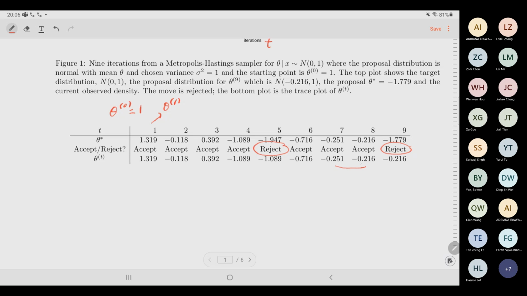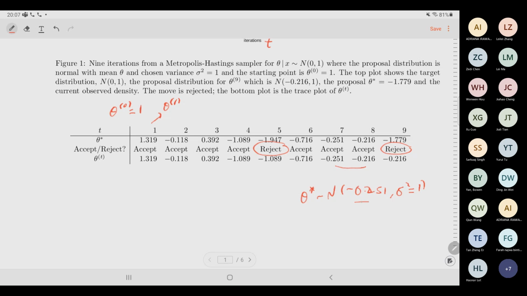Because remember, when you have the sampler, which is the normal, it can sample any value. If I were to go from 7 to 8, I will propose from my 7, which is minus 0.251, with sigma square 1. So this is my new mean.